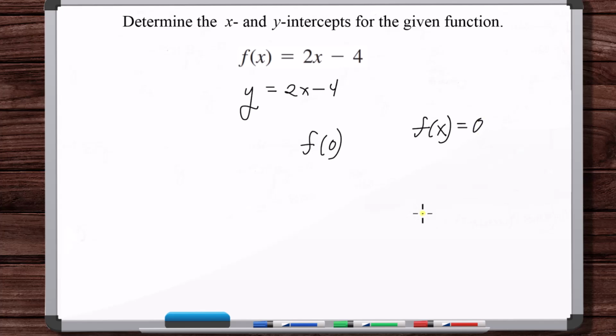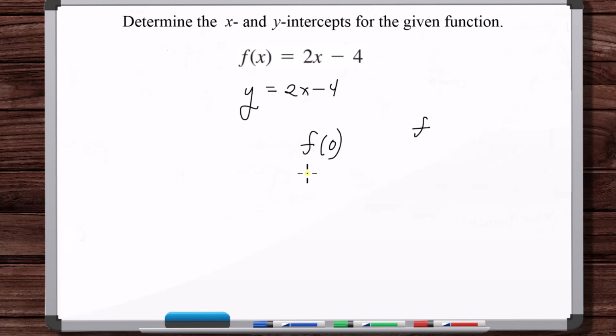Just note that there could be multiple x-intercepts because you can have separate x values corresponding to the same output, but there's only going to be one y-intercept, because you can't have the same x value mapping to different y values.